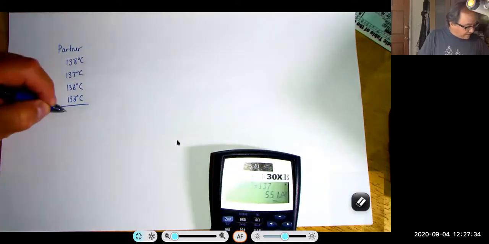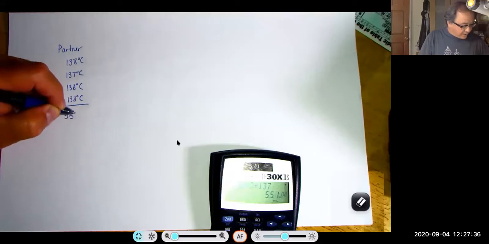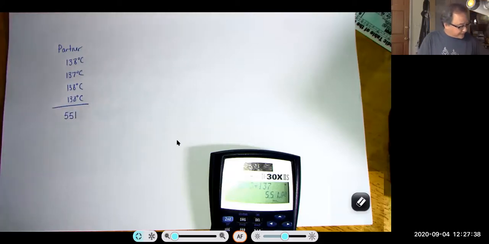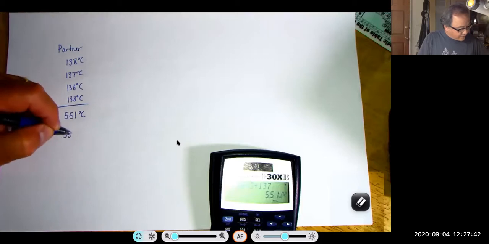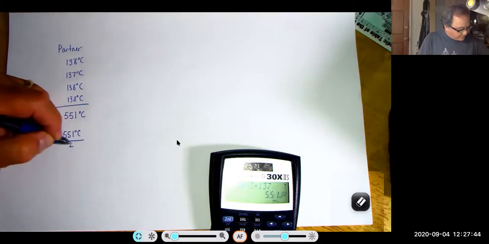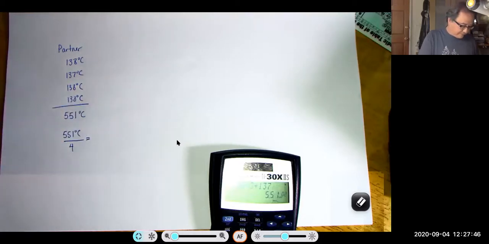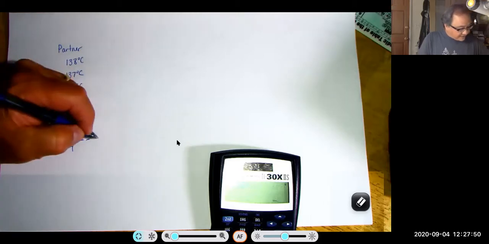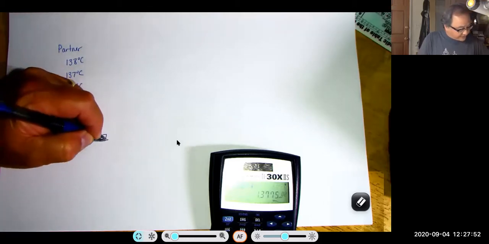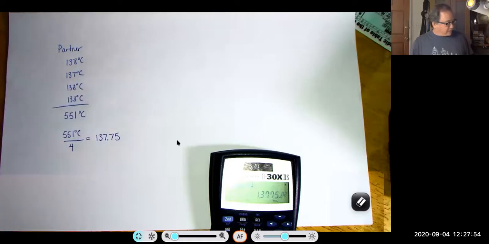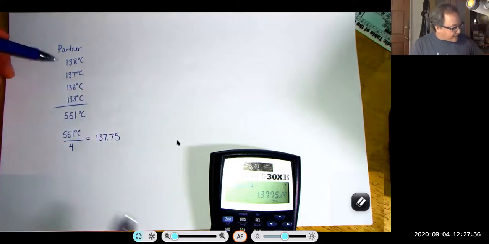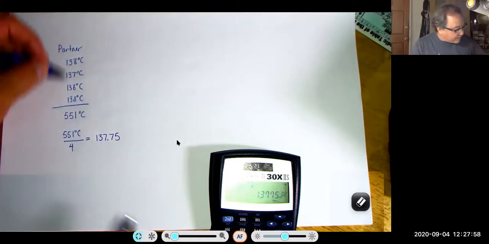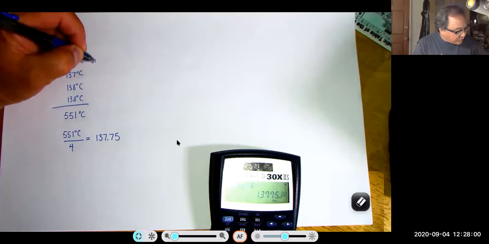So we get 551 degrees Celsius. To get the average, we take the 551 and divide by 4. And my calculator writes out 137.75. So here we have to understand that when we're adding these together, each one of these is good to the ones place.